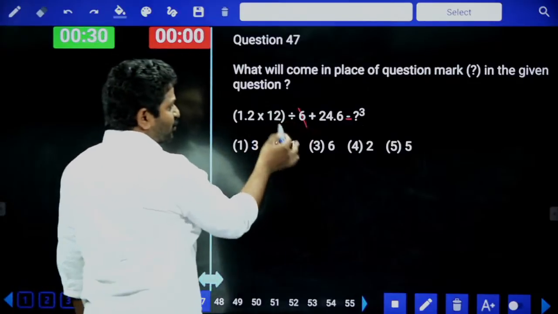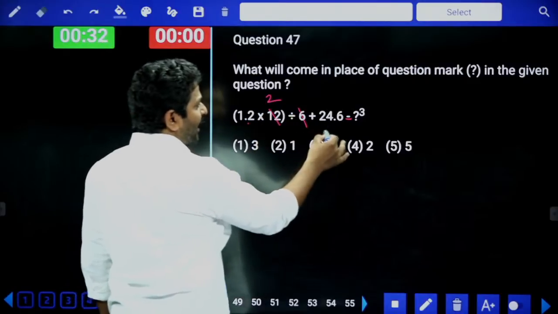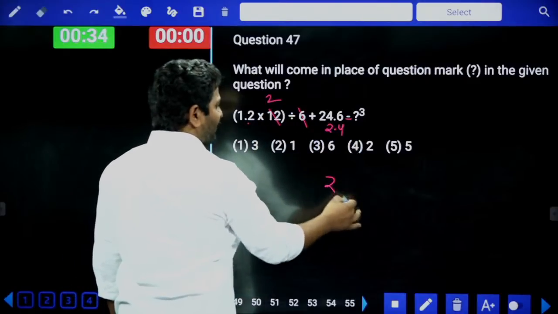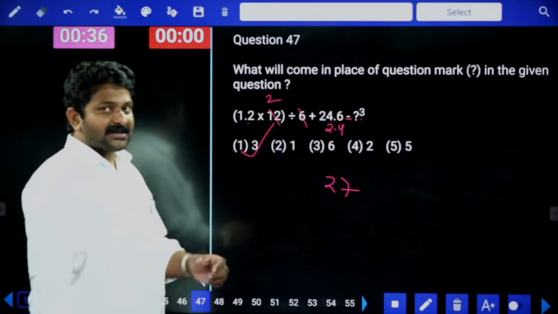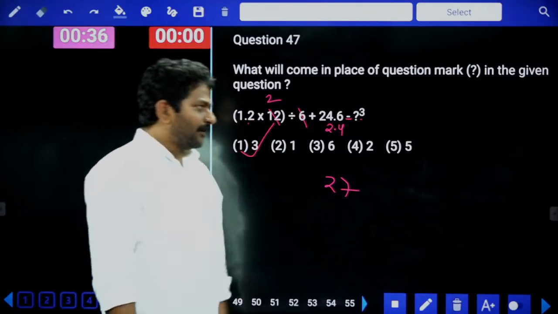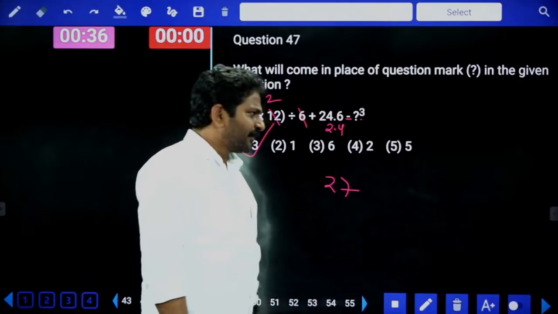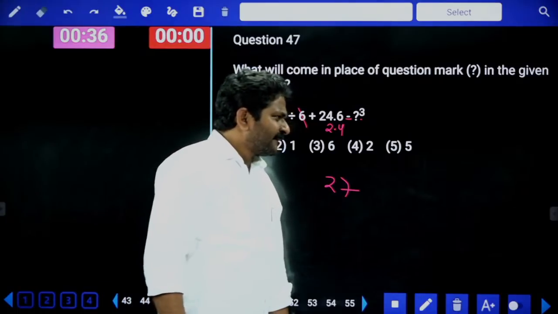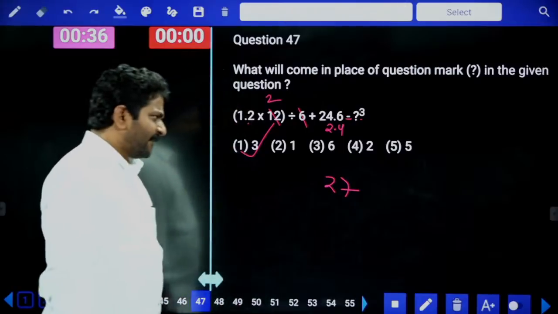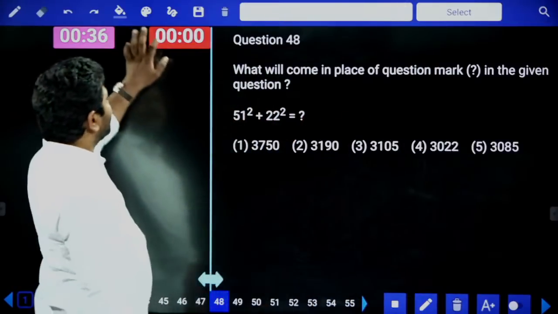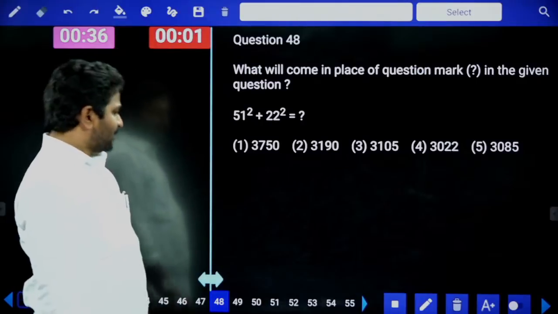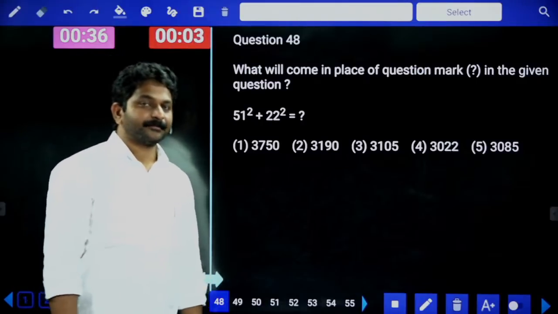Yes. 6 2 times here. 2.4 added to this number, that is 27, which is equal to 3 cube. First option, final answer. We were asked to calculate cube value, x cube. Yeah, thank you. Somebody increased speed, it seems. Right, now next question, 48.